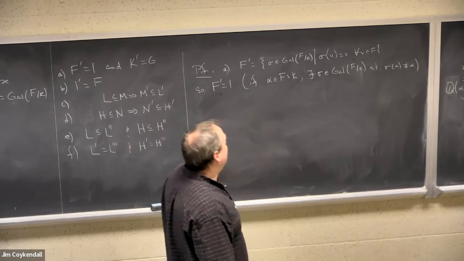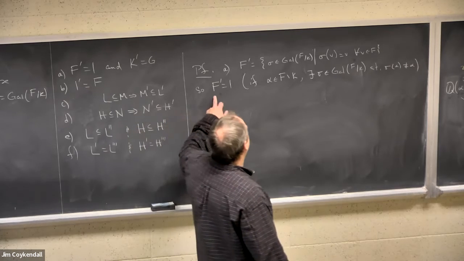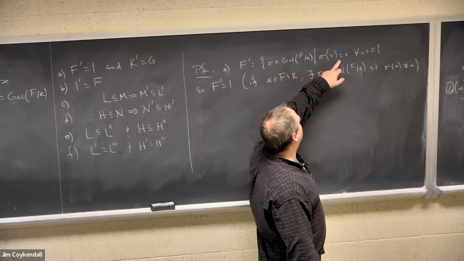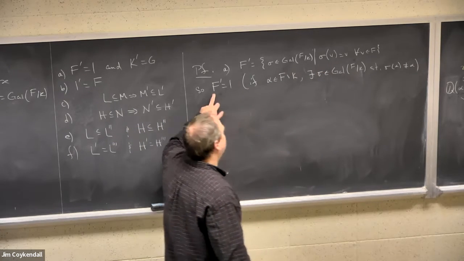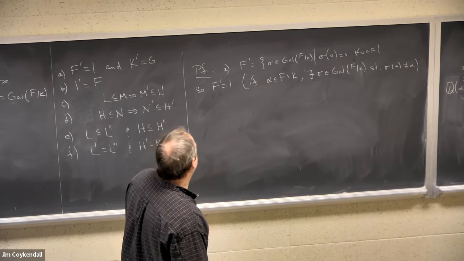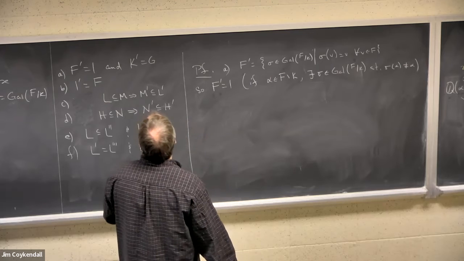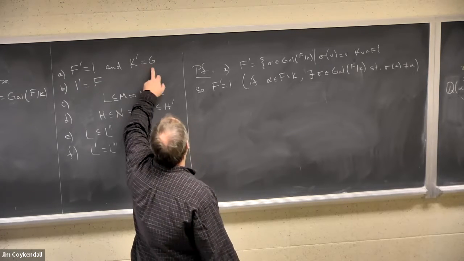That's from the fact that it's Galois. So if something fixes everything in F, then it has to be the identity, because there's something that moves everything that's outside of K. And K prime equals G by definition.